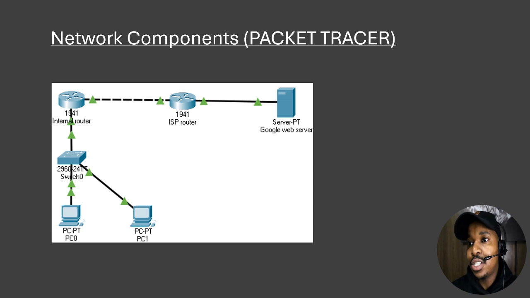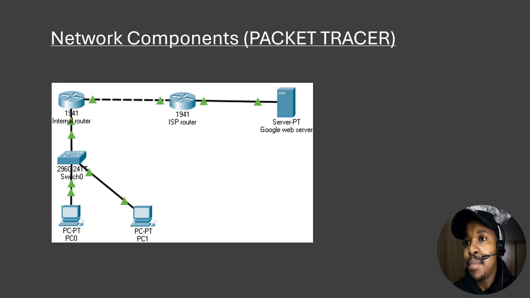And the last section that I've added for you guys is a Packet Tracer diagram, which comprises a network. It's basically a small network comprising two PCs, a switch, an internal router, an internet service provider router, and a Google web server. In this network, the PCs want to communicate with a web server.